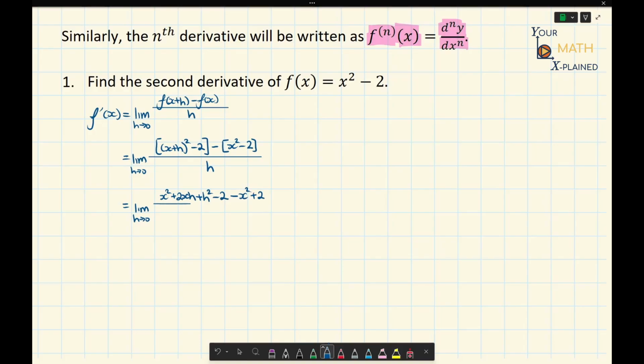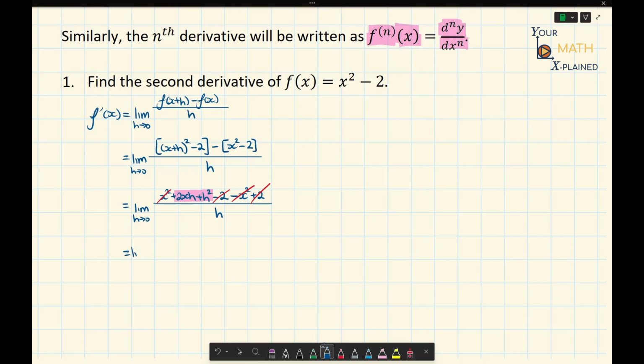And then our denominator here is still h. So let's take a look at what we can cancel out on top. We have a minus 2 and a plus 2, so that cancels. And then we have a positive x squared and a negative x squared. So that also cancels, which means we're only left with 2xh and h squared, both of which have an h in there.